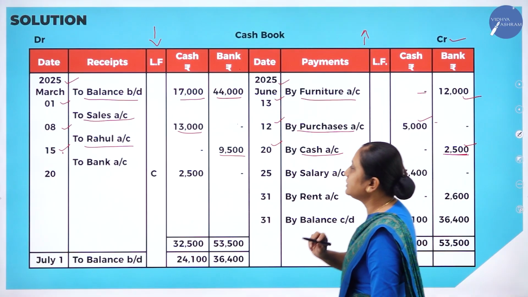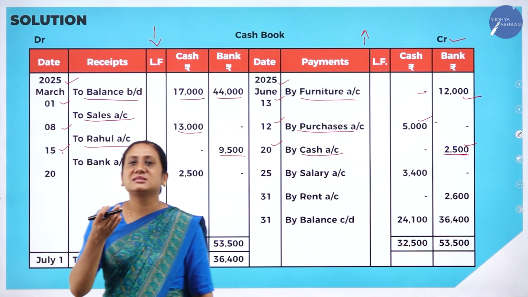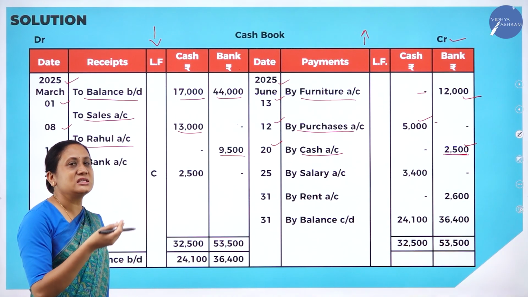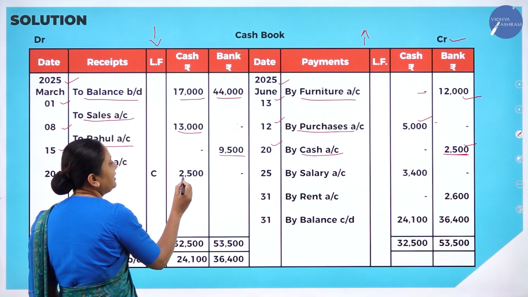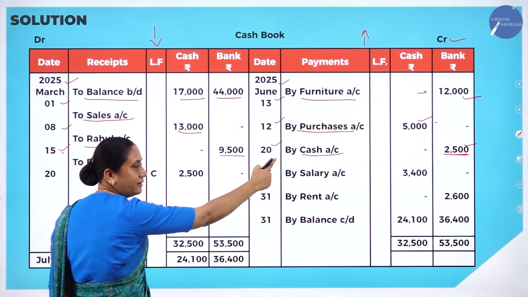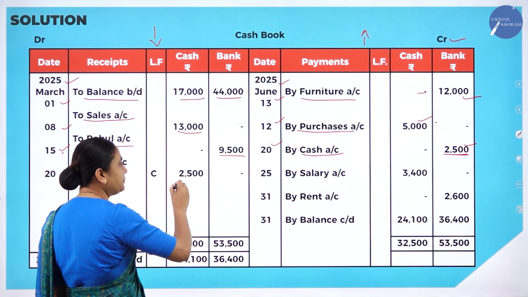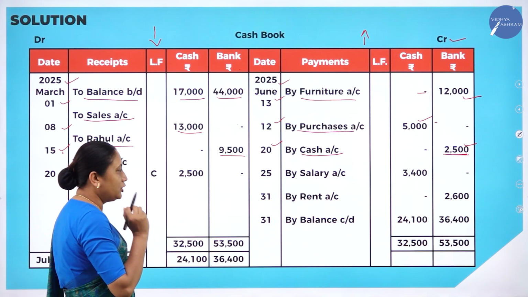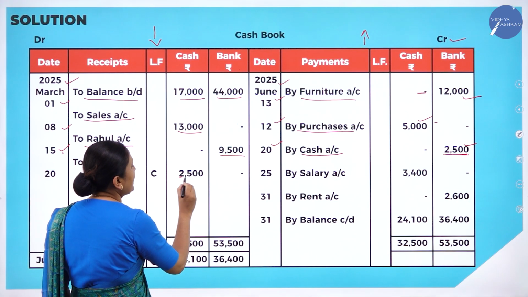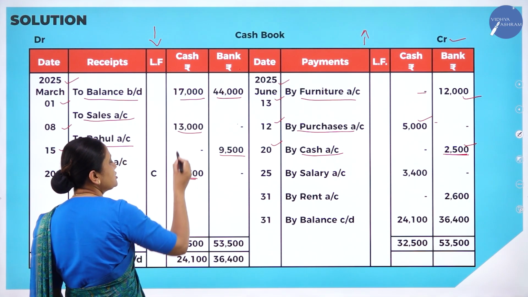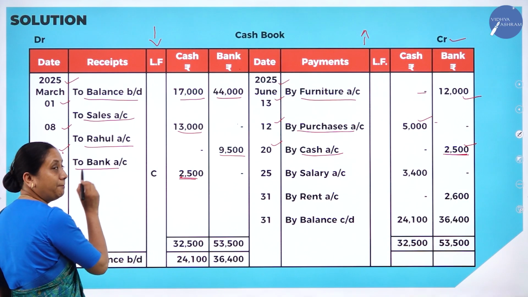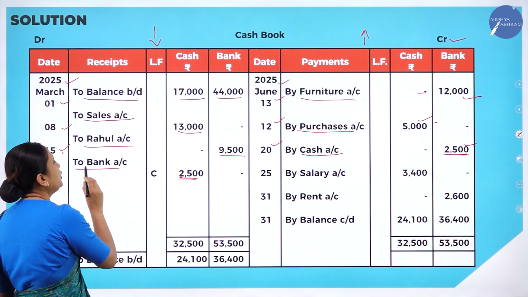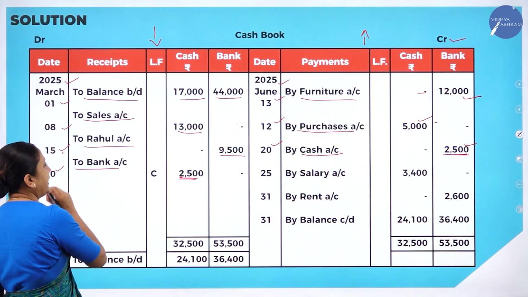After the withdrawal, what are we doing? The same withdrawn amount is brought into the business, correct? That money is coming into the business, so cash is coming in, right? So in the cash column, we will write 2,500. From where is it coming? From the bank we are receiving. That is why to bank account, date in the date column.